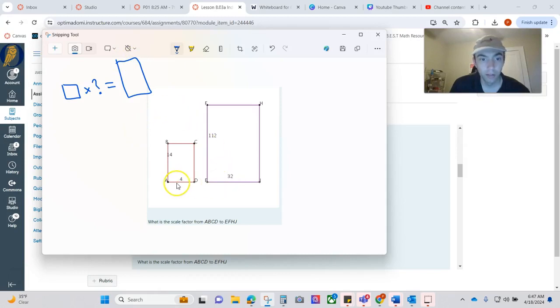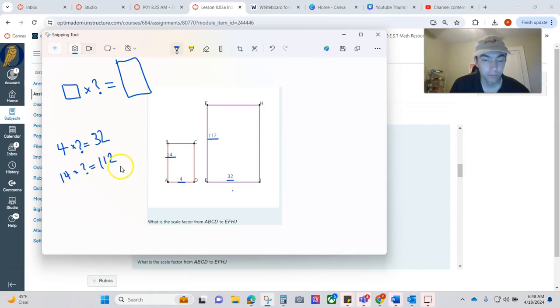Or what do I multiply 4 by to get it to be 32? 4 times what is 32? And what do I multiply 14 by to get it to be 112? 14 times what is 112?